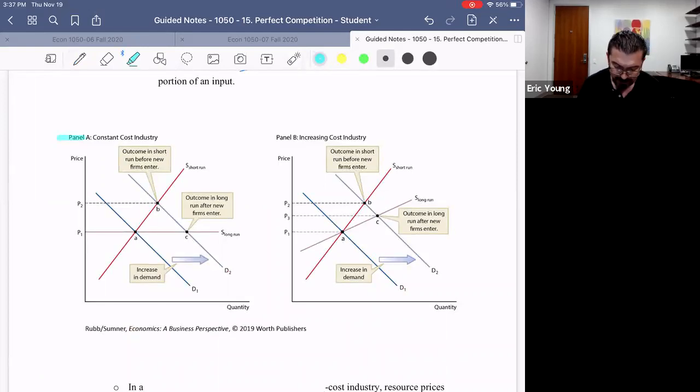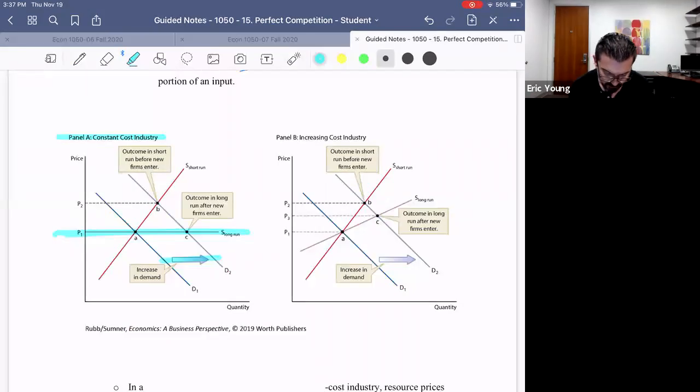We see in panel A, a constant cost industry. Notice that when you see an increase in demand at first, that's going to lead to some profits, which will then increase supply, but the price will revert back, and you're going to see a perfectly horizontal curve.